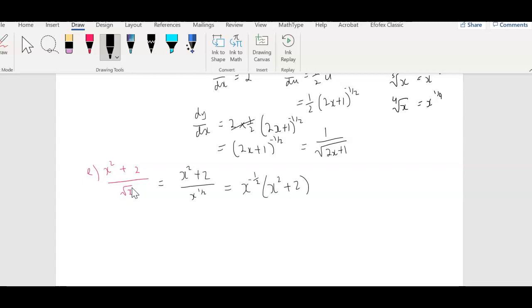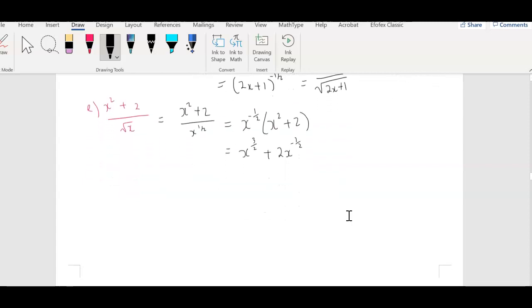So it might have been a bit tricky not recognizing that. All right, and then just expanding that bracket. So we're going to have x, and then we add our powers. So negative a half plus 2 is 3 on 2, not negative 3 on 2. And then we've got plus 2x to the negative a half.